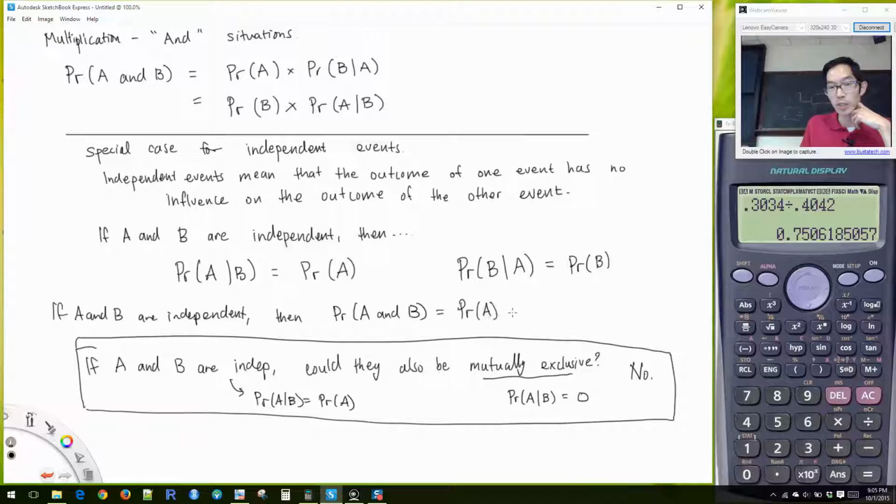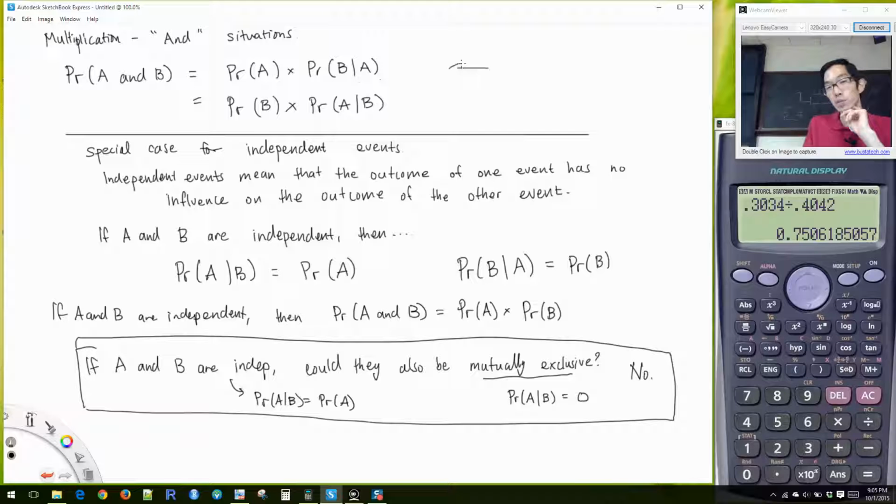Probability of A times the probability of B. Can we see that? So I'm just taking this multiplication rule up here, probability of A and B, which is always true.